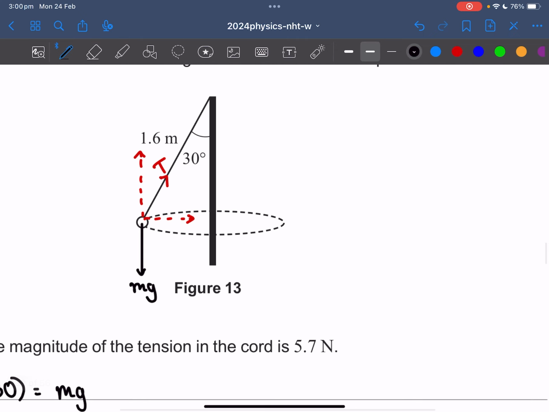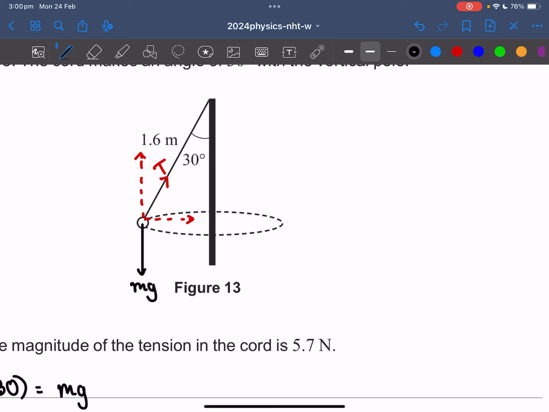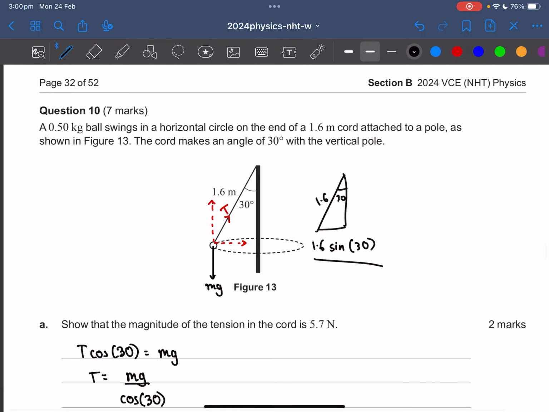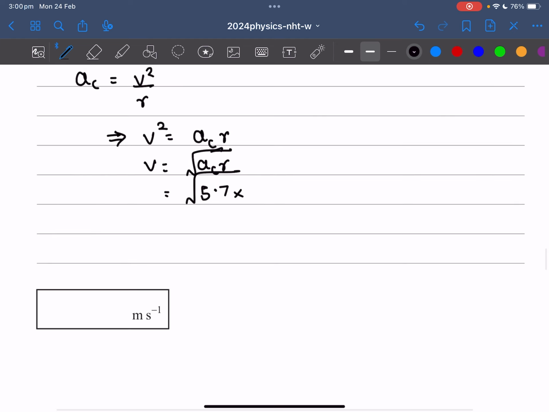Well, the radius is not given to us directly, but we can easily calculate it because we have a triangle where this angle is 30, this is given, and we have to find this over here. So that is just going to be 1.6 sine of 30. So we'll have 1.6 times sine of 30.